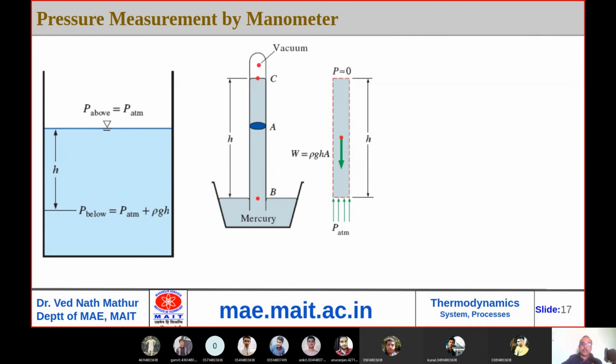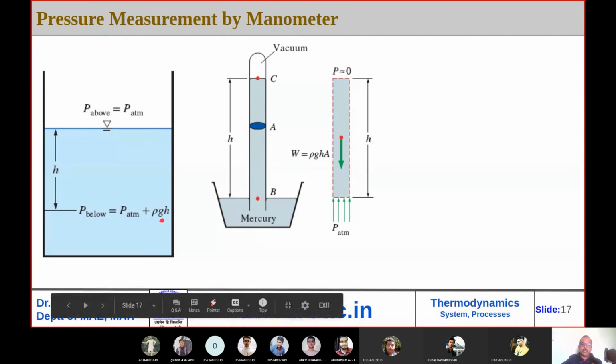So this is H. The pressure corresponding to this H is the atmospheric pressure, because it's vacuum, no atmosphere at this point. So whatever pressure is exerted here is exerted here in equilibrium condition. So if you measure this H multiplied by rho and g, we'll get the atmospheric pressure.